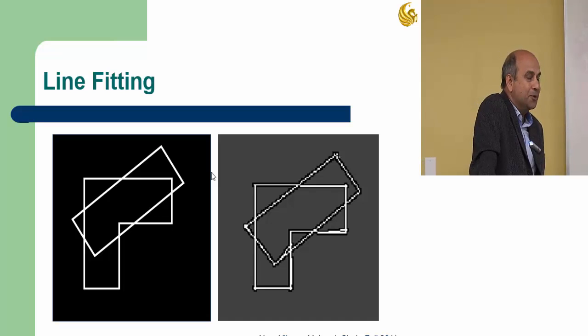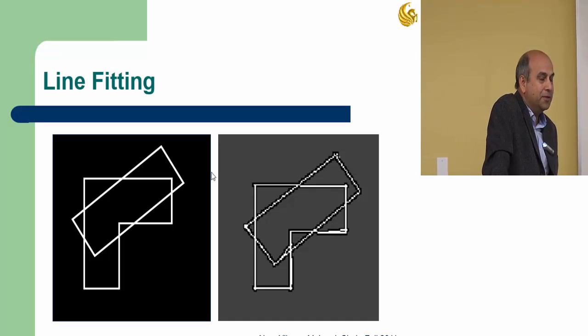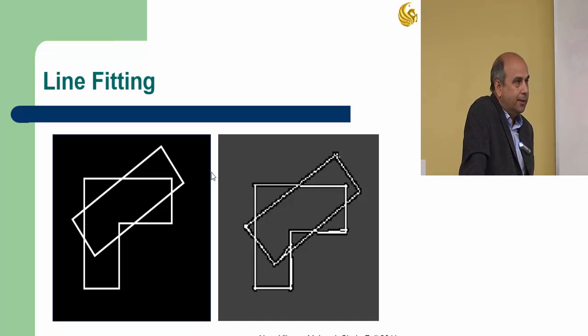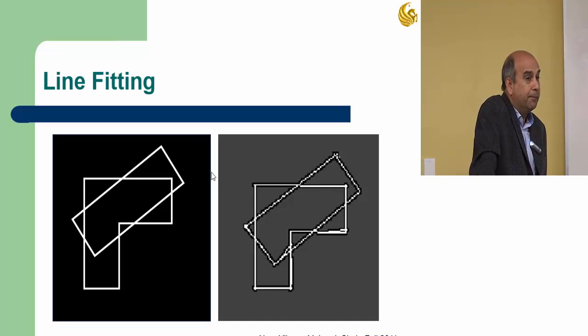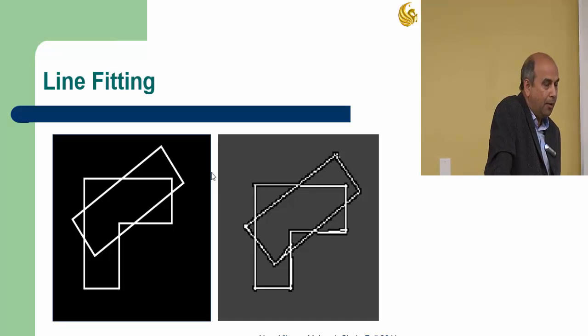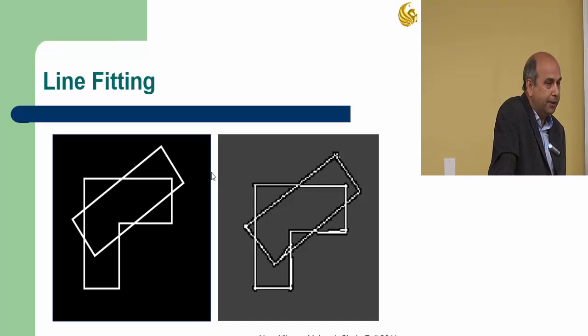So anyway, the question is, how do you find these unknowns? What are the different methods to find these unknowns? And how many different constraints do you have?